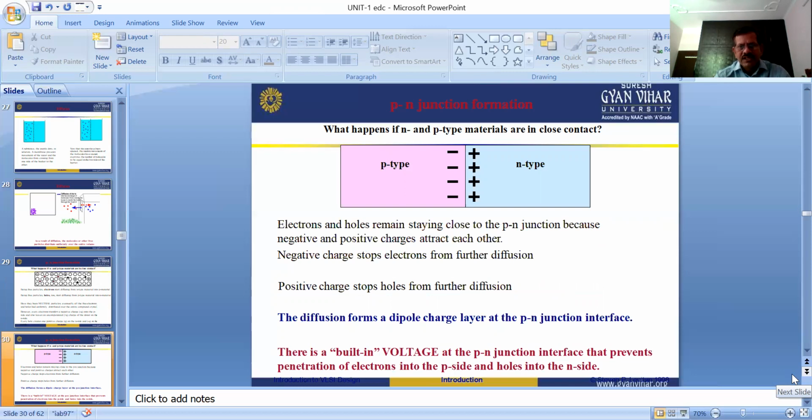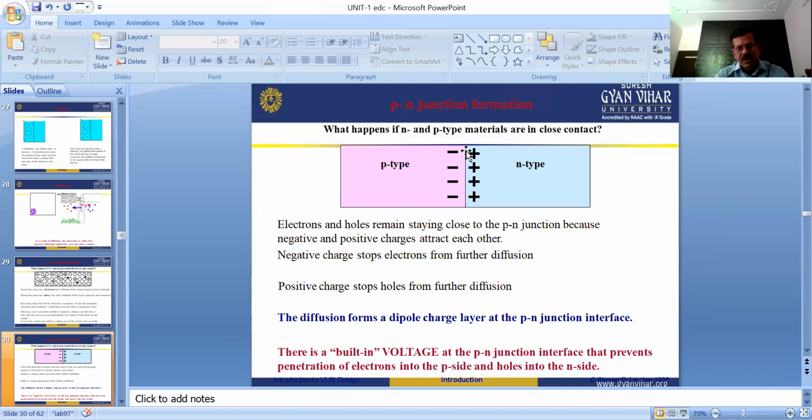Now we see here the left side is a P-type semiconductor and the right side is the N-type semiconductor, and there is a junction at the center where they are joined to each other.